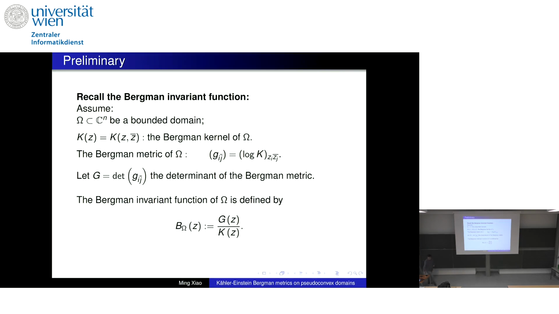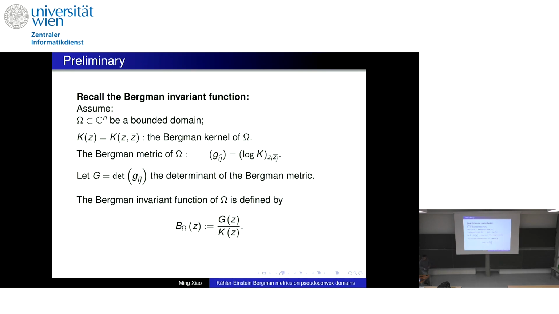Then the Bergman invariant function associated to this domain omega is defined by this. To emphasize that it depends on the domain omega, we write it as B sub omega, defined as the quotient of the volume G, or the determinant G, over the Bergman kernel.